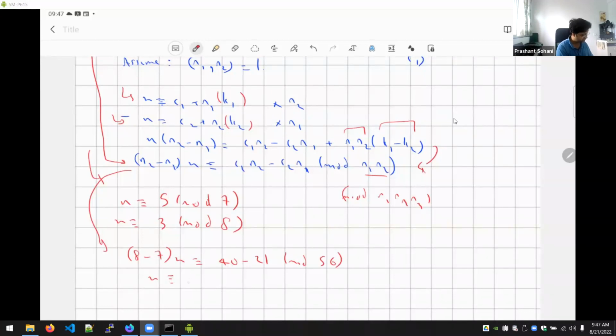Yes, sir, it is right. Yeah. So 19 has a remainder of 5 on dividing by 7 and 3 on dividing by 8. In fact, this time we are very lucky that n2 minus n1 is 1, so we directly got the answer. In general, n2 minus n1 will not be equal to 1, but then you already know how to deal with that, right?